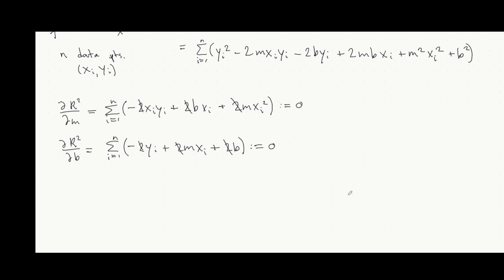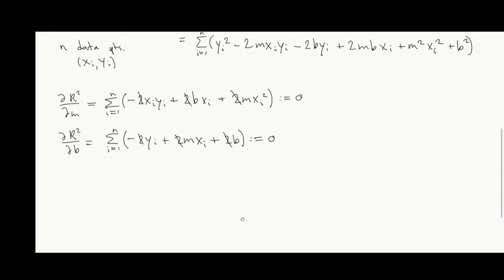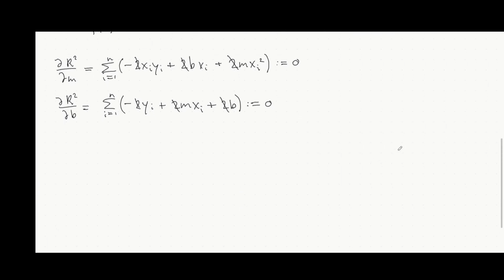And so now we actually have a system of equations for b and m. Let's go ahead and simplify this so that we can see the coefficients of m and b. For the first equation, the coefficient of m is the sum of xi squared. Just for simplicity, I'm going to leave the indexing off because we know it runs from 1 to n. So the sum of the squares of the x values is the coefficient for m.